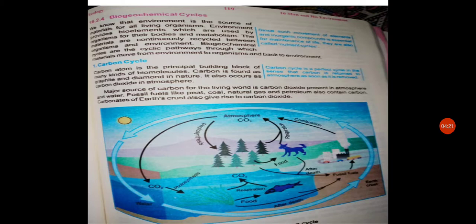The carbon cycle is a perfect cycle in the sense that carbon is returned to the atmosphere as soon as it is removed. Since such movement of elements and inorganic compounds is essential for maintenance of life, they are called nutrient cycles.